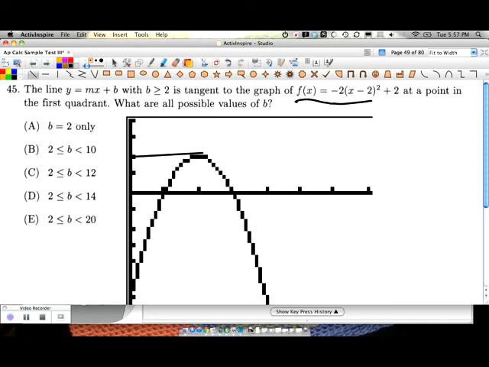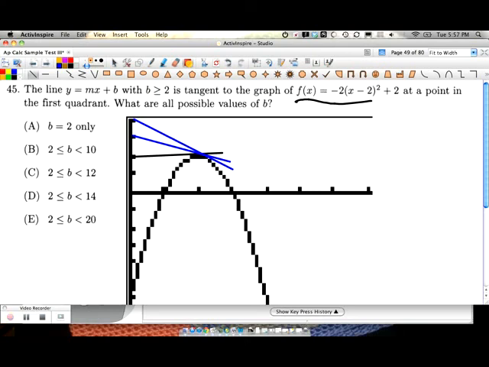If I'm at 2, I can definitely have a tangent line that touches there. I just have to remember that b has to be greater than 2. So I could do another line, let's do like a blue one up here, let's say it was 3. It can be greater than 2, and it can keep going up all the way up here, and I can still have more tangent lines hit right about at that point.